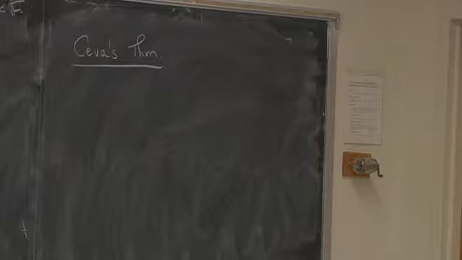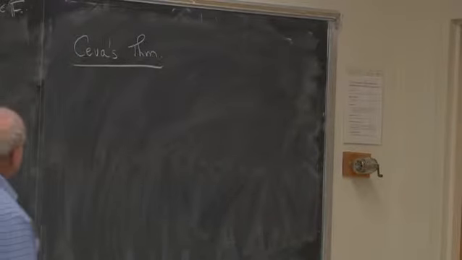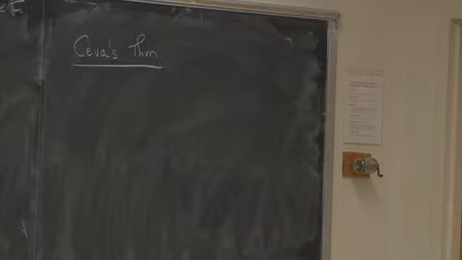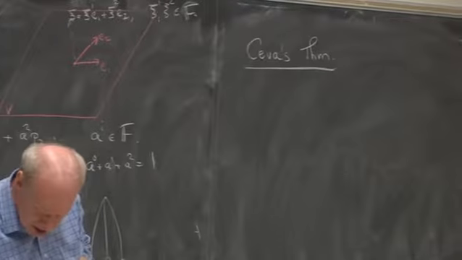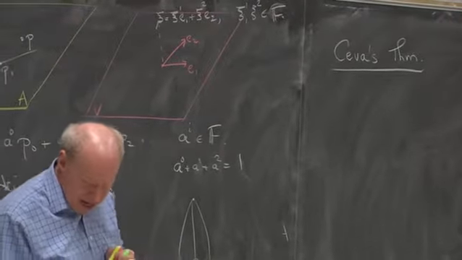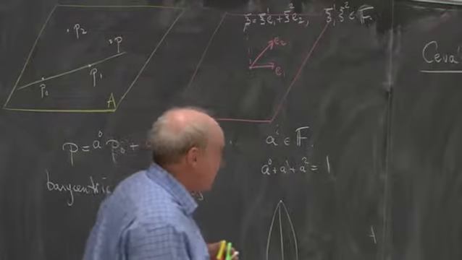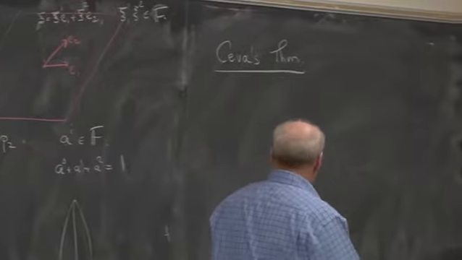But I learned from Wikipedia, the source of all knowledge, that in fact this was published by an Arab king of Saragossa, in what's now Spain, way back in the 11th century. So this is actually a medieval theorem.